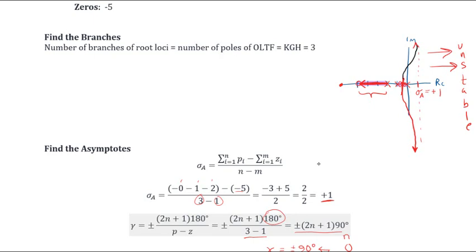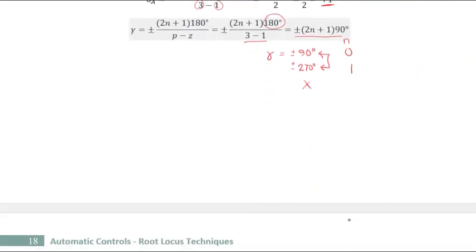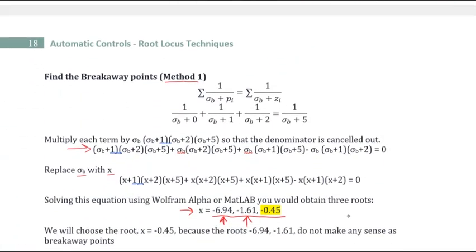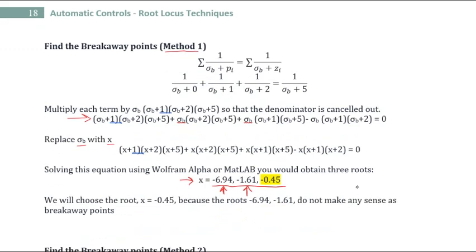So the breakaway location has to be between 0 and -1. That helps us to choose the correct value. This -1.61 is in a region where there is no branch, so it can't be that one. So it's got to be this, and that is almost right in the center between 0 and -1. So it makes a lot of sense, and that's a good way.